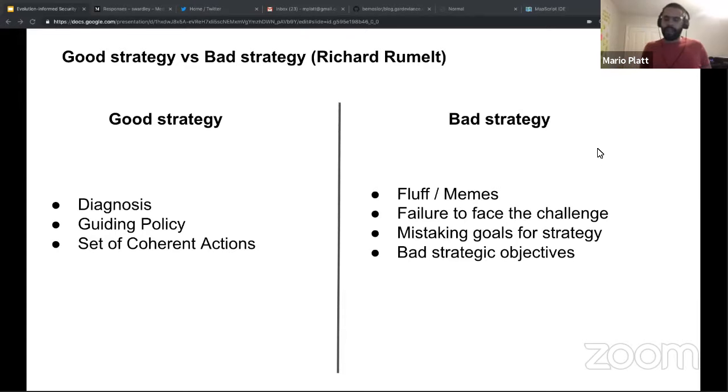Then you have a guiding policy. The word policy, especially in security, can be interpreted in a couple of different ways. What I'm talking about here is not your information security policies. I'm talking about the policy that will be driving your strategy. After you make your diagnosis, you decide what the key objectives are, the next objectives relative to your maturity, to where you are, to how your business is operating, and that is going to be the guiding policy for your strategy.